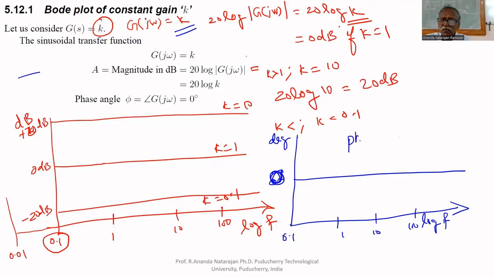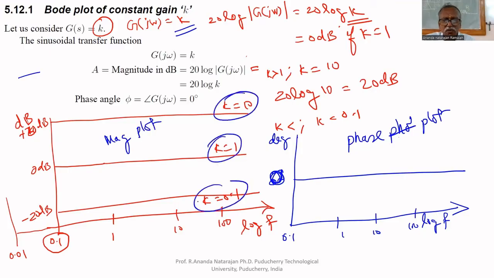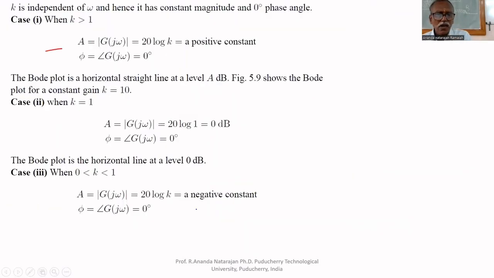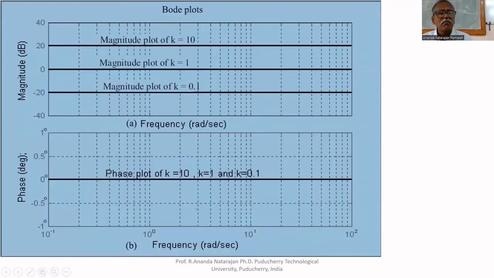This is the phase plot. This is the magnitude plot for k equal to 10, k equal to 1, k equal to 0.1. And the phase plot, whether k is 10, 1 or 0.1, is the same.